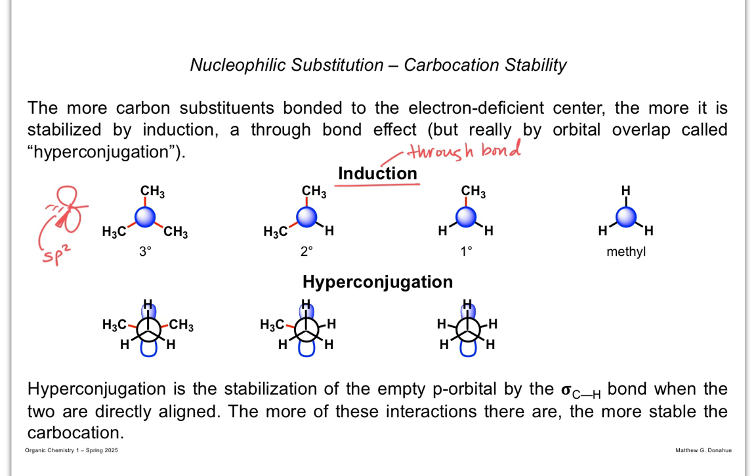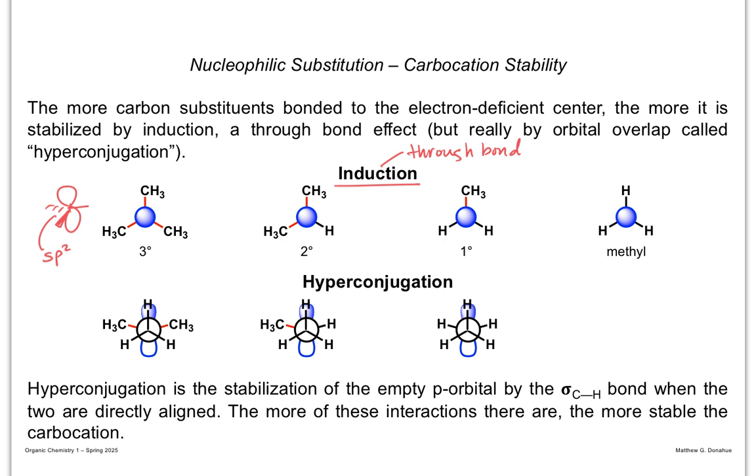So when we look down, we can see that for a tertiary substrate, say if we have methyl, methyl, and methyl, the bonds highlighted in red, those methyl groups are pushing electron density through those sigma bonds into the p orbital. So that's a stabilizing factor.